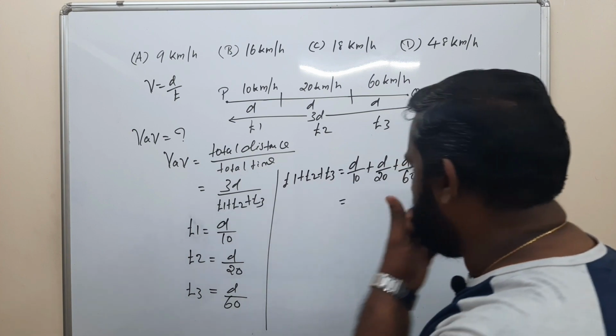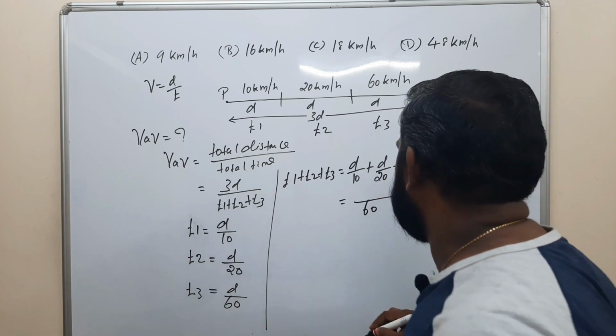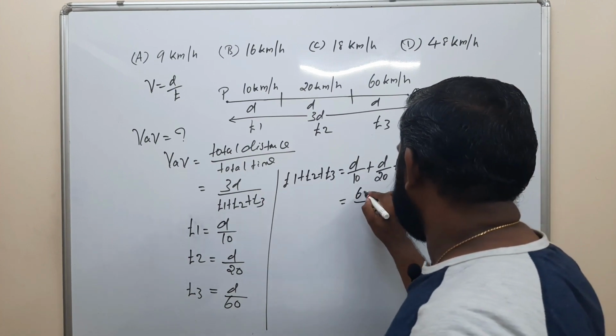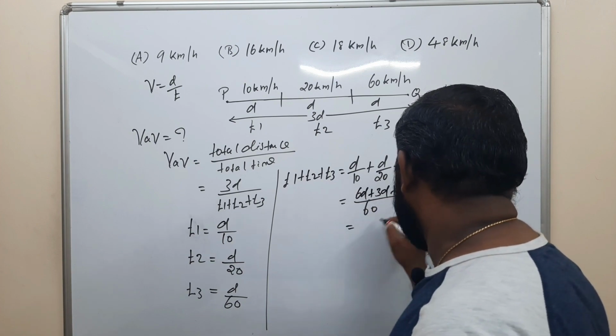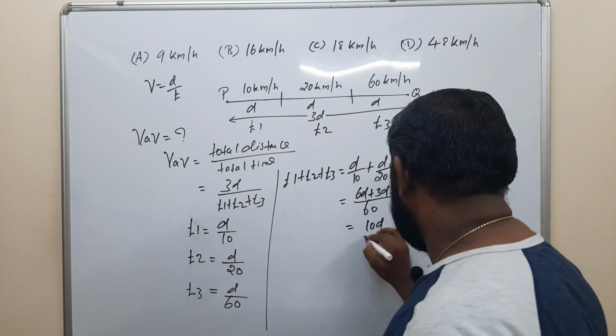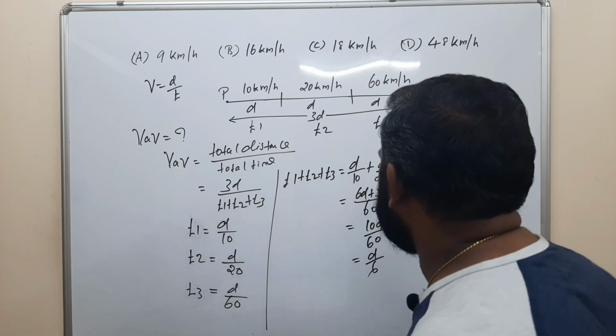So what is the LCM? 60 is the LCM. 60 upon, that is 6d plus 3d plus d. So 9d plus d, that is 10d divided by 60, so that's equal to d by 6.